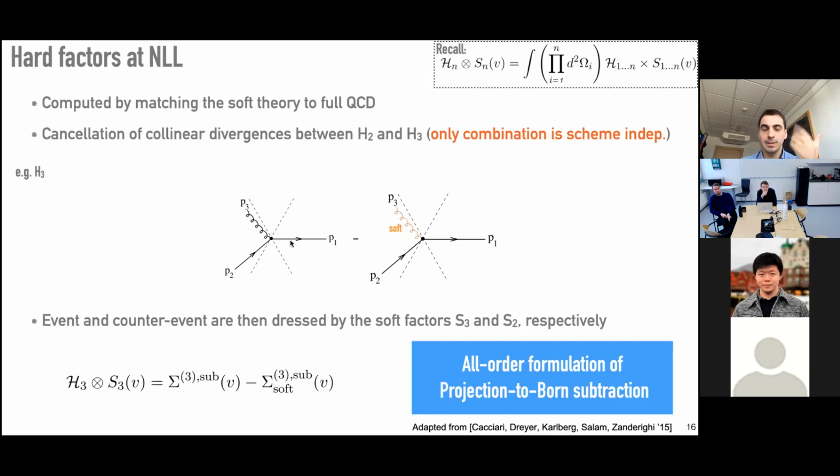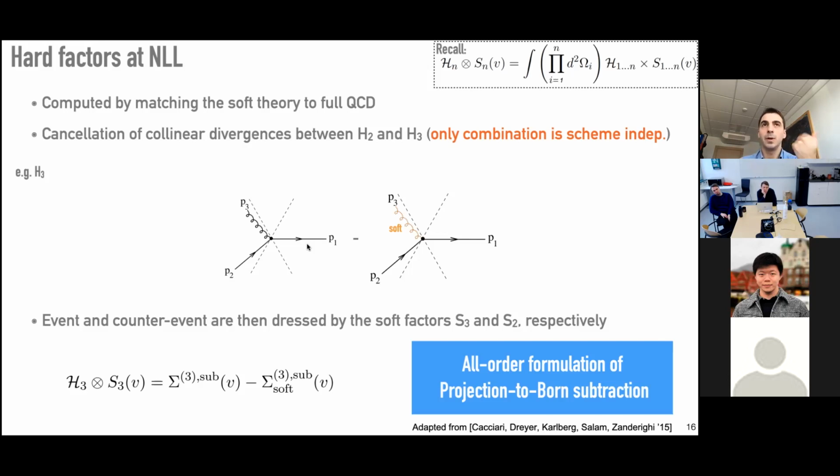It doesn't see the recoil due to the third gluon. And that's where you compute the counter term. So, and that's simple to do in a fixed order calculation, but when it comes to this context, now this configuration, the event and the counter event, need to be addressed with a shower of soft radiation that is given by the soft factor S3 that is convoluted with this.